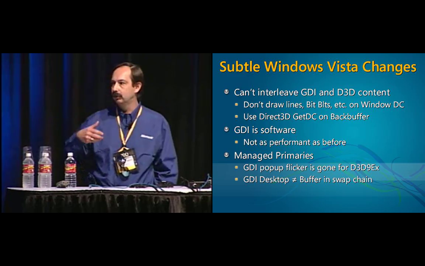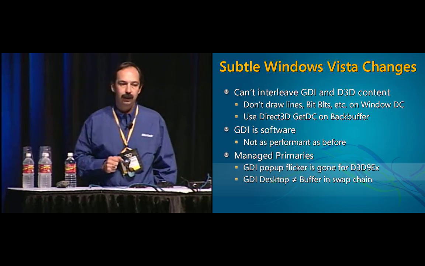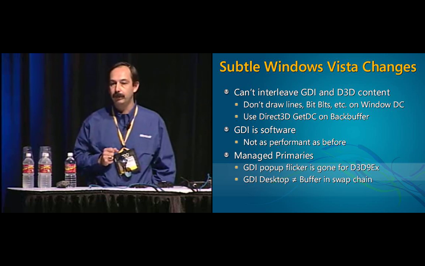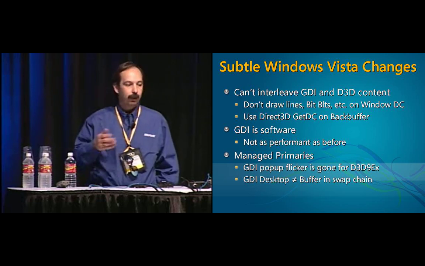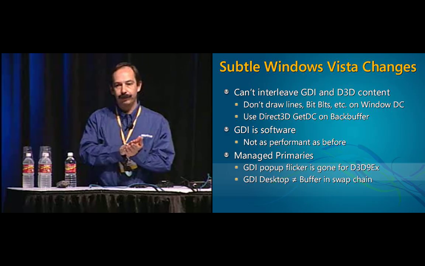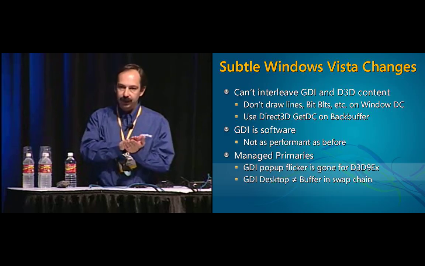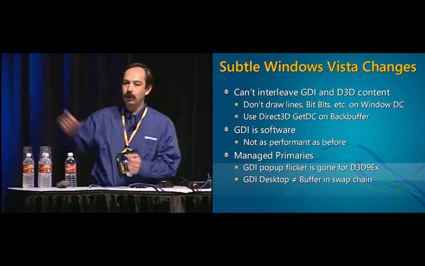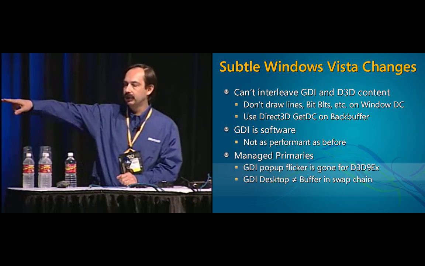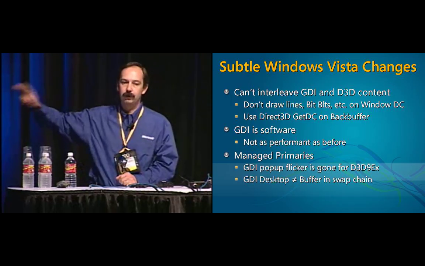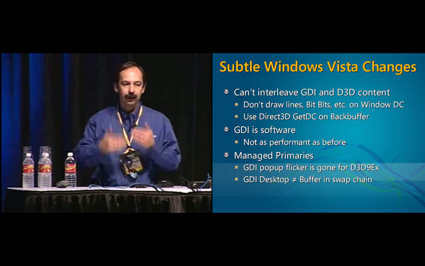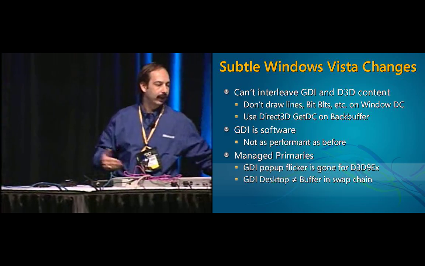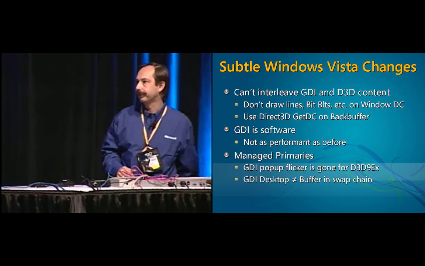They may have just done a GetDC, grabbed the GDI desktop, blitted that content into a bitmap and sent it away. Well, that worked in the past because the GDI surface was actually one of your buffers. That won't work in Windows Vista because now the buffers in your swap chain are separate from what GDI is rendering on. You actually can't interleave the two. So if you have that assumption, you will need to make some changes.